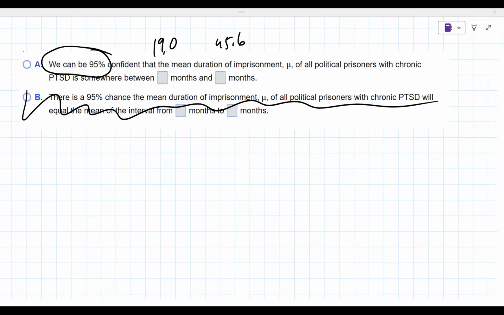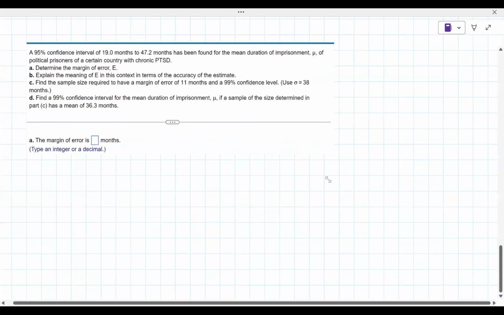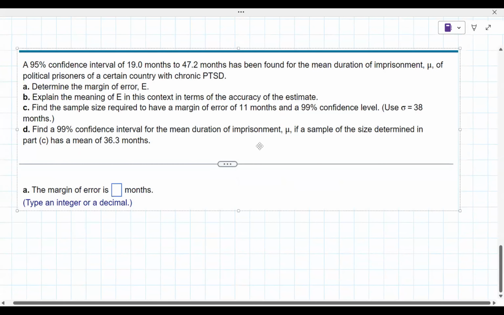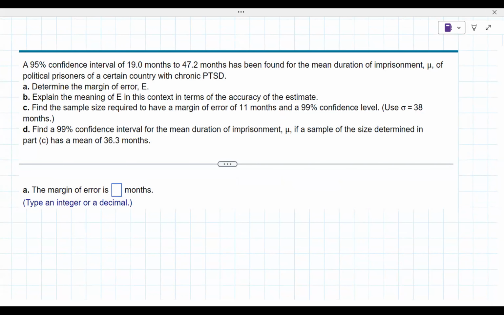All right, so we're up to question 14. I'll snip it in. Hopefully this is going okay for you. It says a 95% confidence interval of 19 months to 47.2 months has been found. So the margin of error. The confidence interval width is 19 to 47.2.